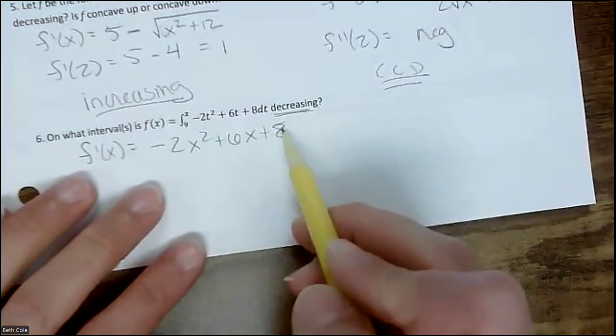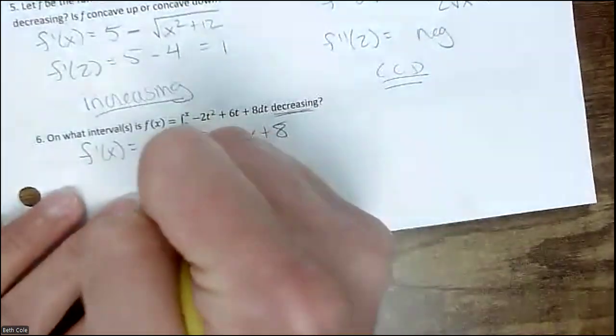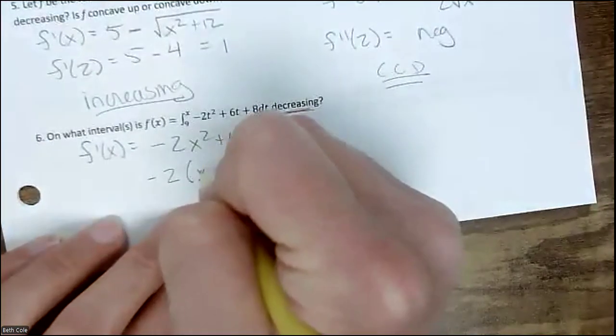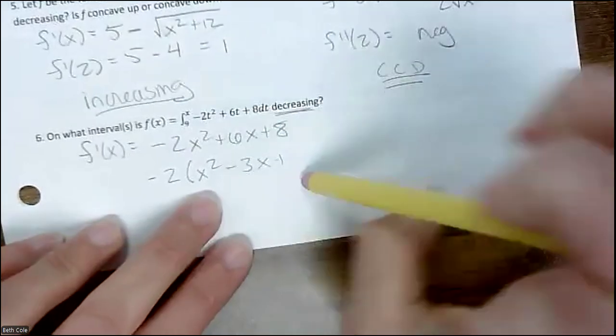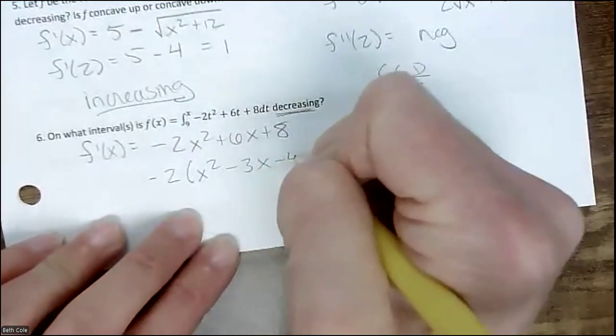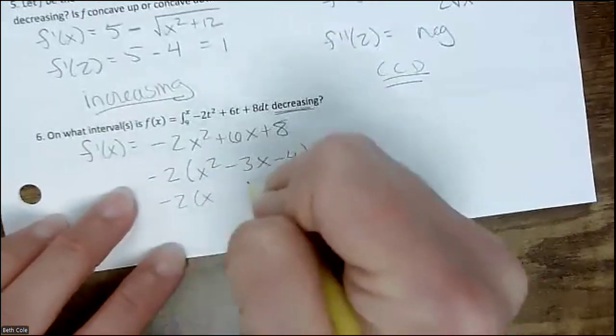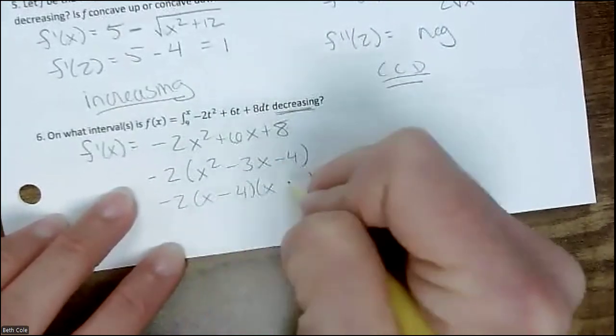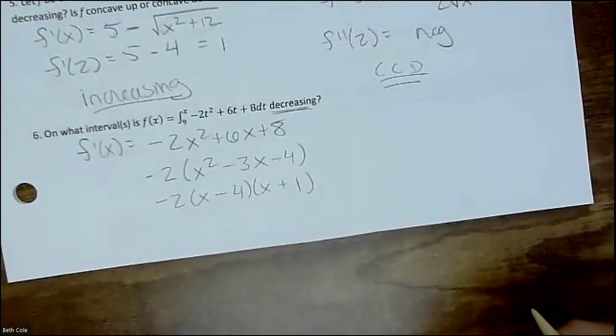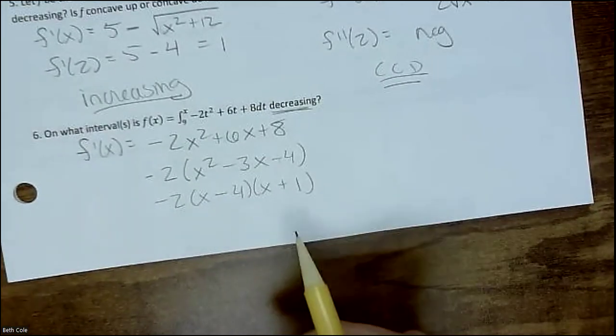What can you divide out of each of those? 2. Now, I would actually take out -2. And then that's going to split. This is like, welcome back to algebra class here. -4 plus 1. Now, there's 2 ways you can think about this.